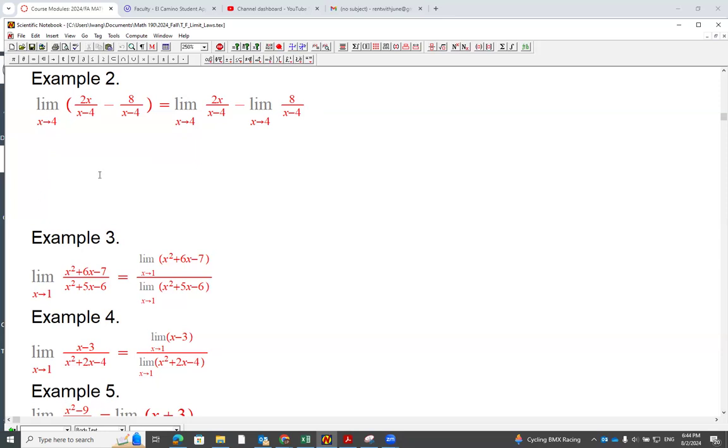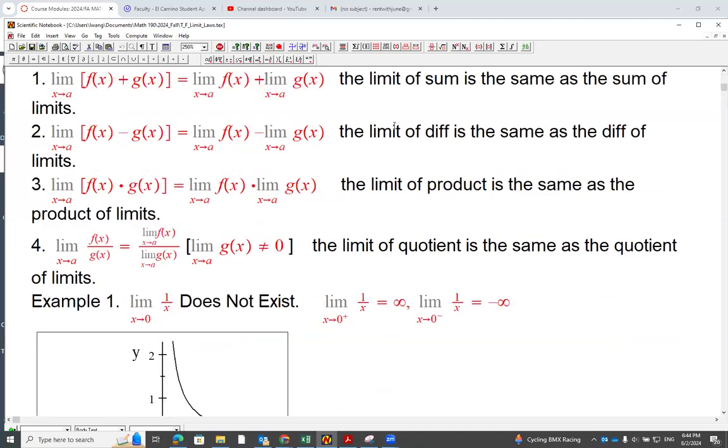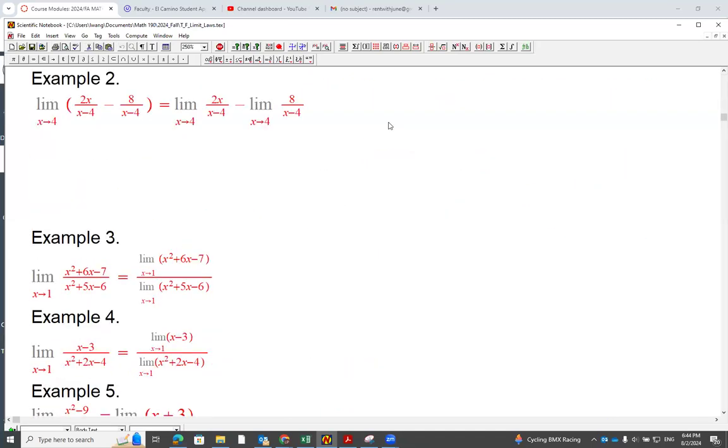When you see that a limit law is applied, your question would be, does the individual limit exist? Because for the limit law to apply, the individual limits must exist.